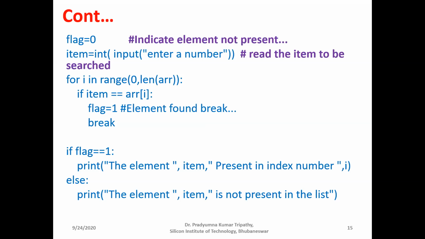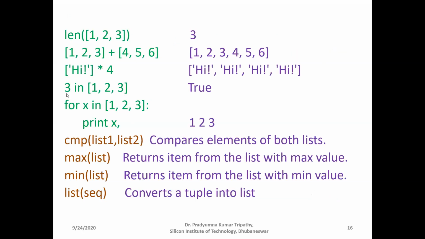I may not get the index at that time, but if I check whether it is present or not, I just have to write this line, only this, 3 in this. So in my previous program, this 3 will be replaced by item, and this 1, 2, 3 will be replaced by the array, ARR. So item in ARR, this will return true.